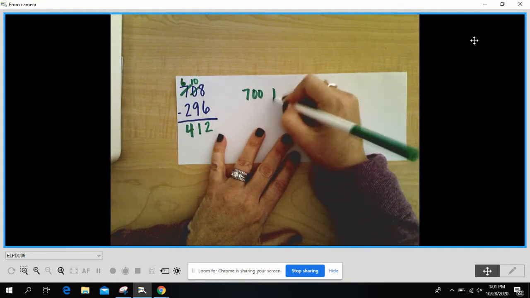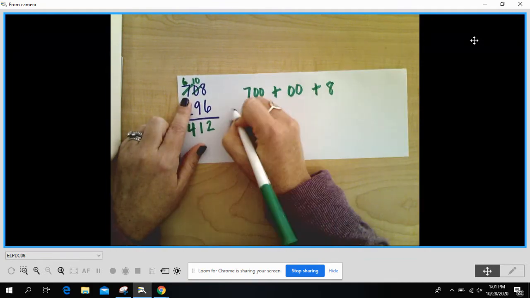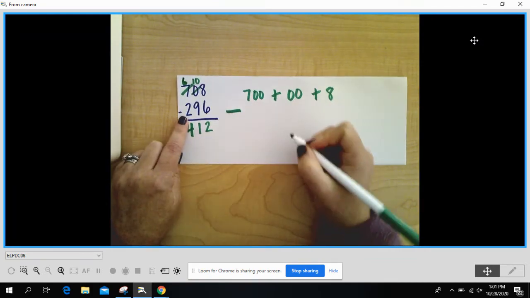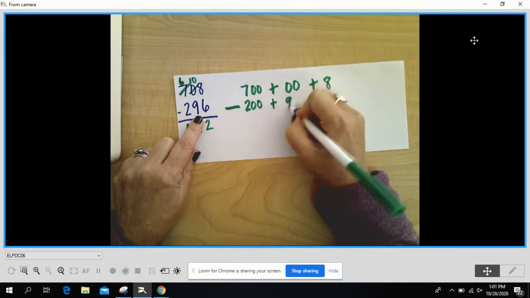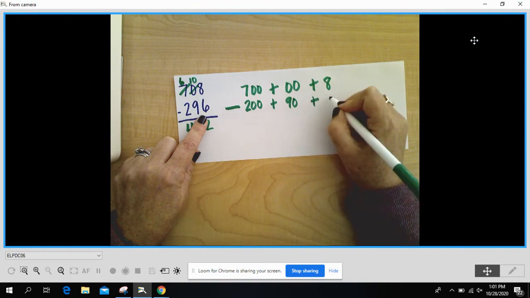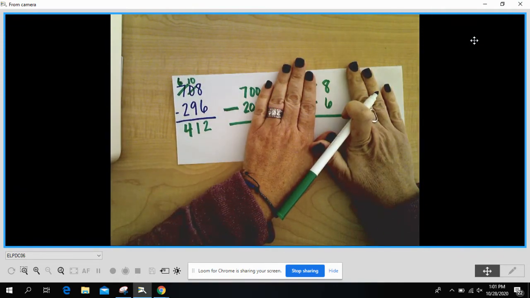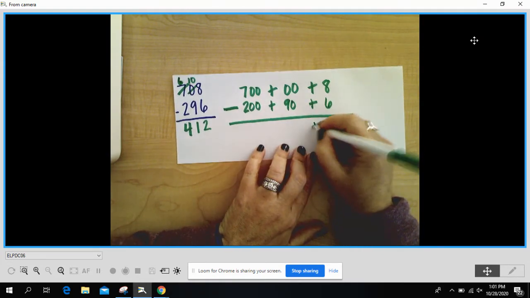I have 700 plus no tens plus 8 ones. That's expanded form. I'm still subtracting. There's my big old subtraction sign. 200 plus 90 plus 6. So same way, I'm starting here in my ones place. 8 minus 6, I can do that, even in expanded form.